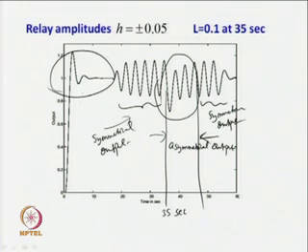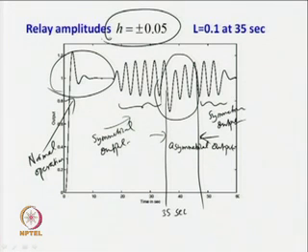This is the output you get during normal operation of the system, of course with a relay amplitude of plus minus 0.05. The relay is symmetrical, so we get symmetrical output when there is no static load disturbance.